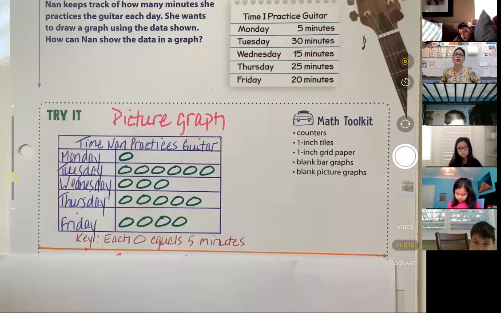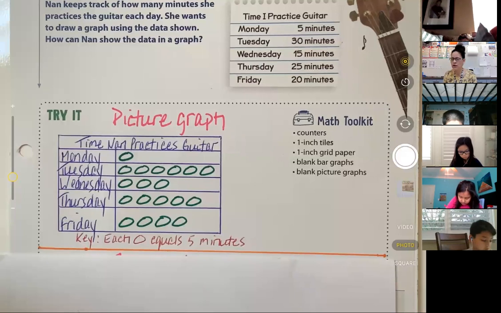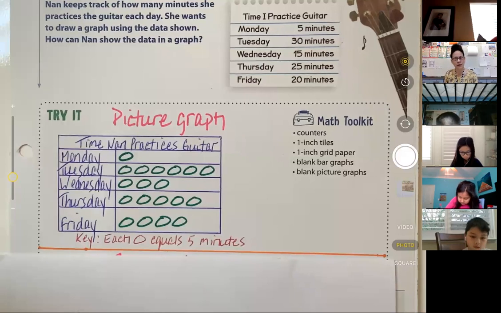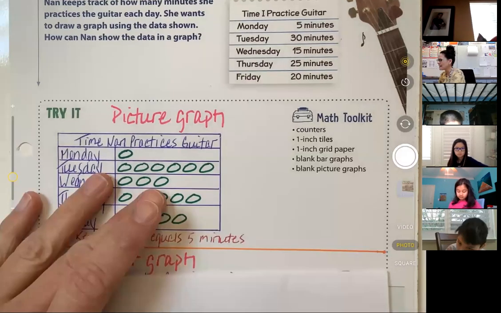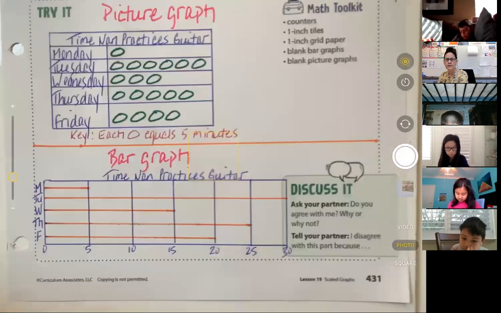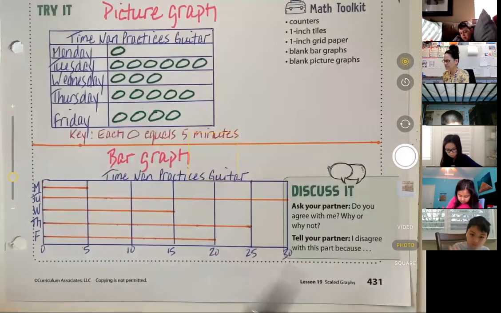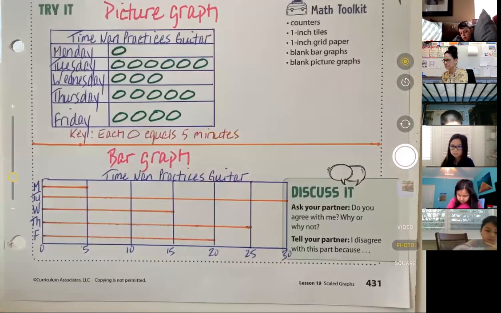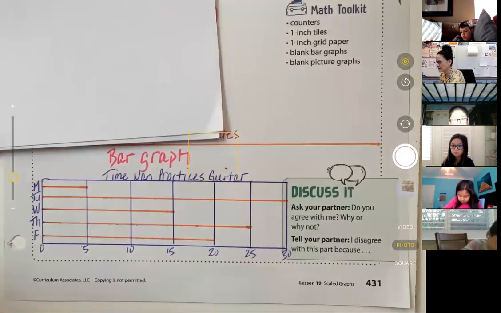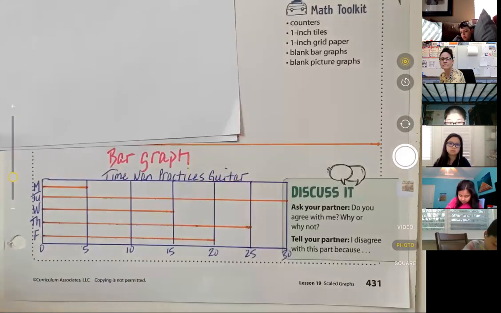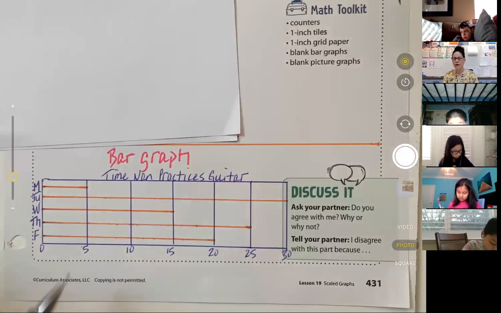But there is also a second way that we can represent this data. We've done the picture graph, but now I want you to take a look at a bar graph. And my bar graph for the same data is below. Here's my bar graph. So, not being distracted by this picture graph for a minute, here is the bar graph.